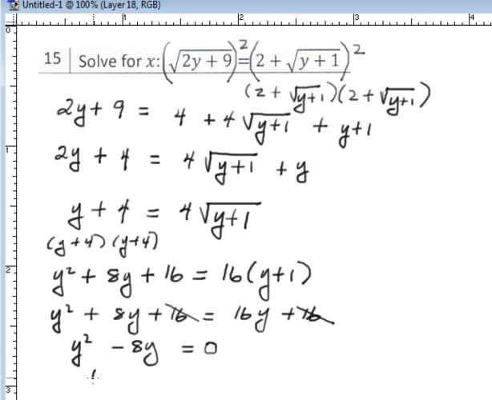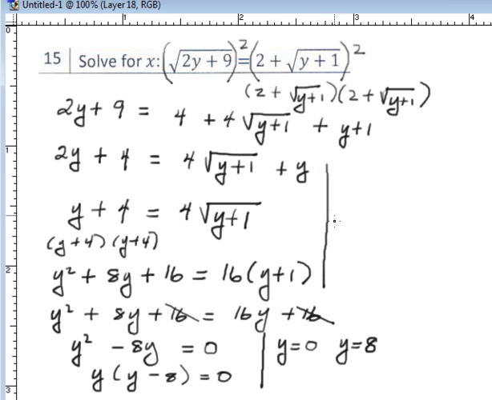All right, factor out the y. And there we have y equal to 0 and y equal 8. And we must check these solutions. Again, whenever you square both sides, you must check your solutions.